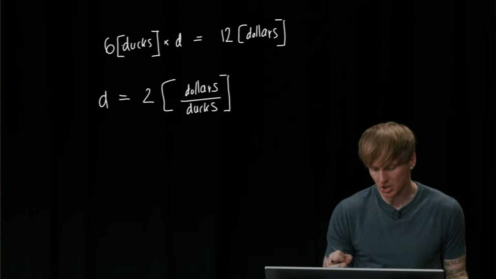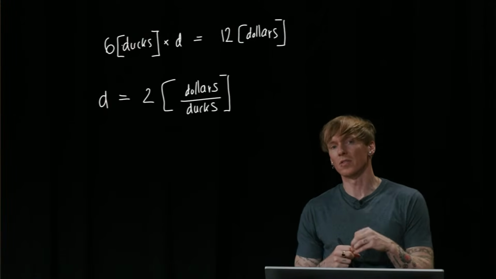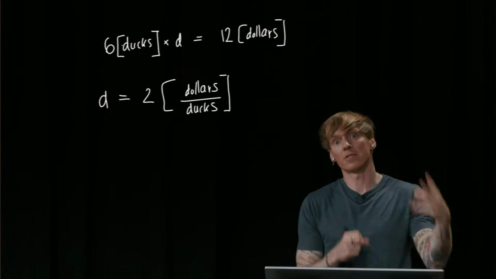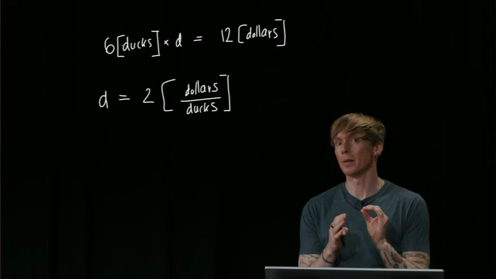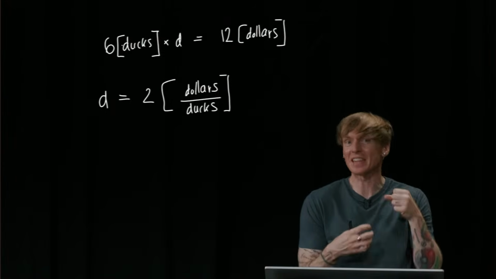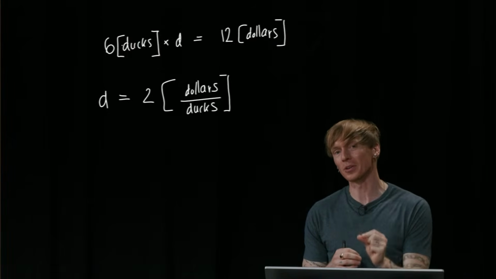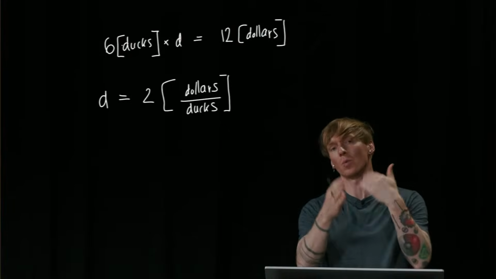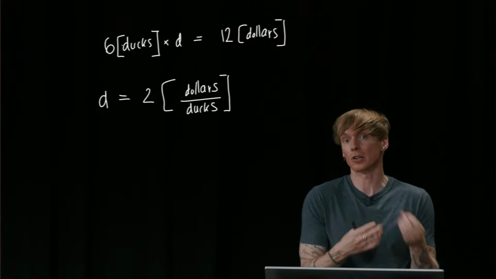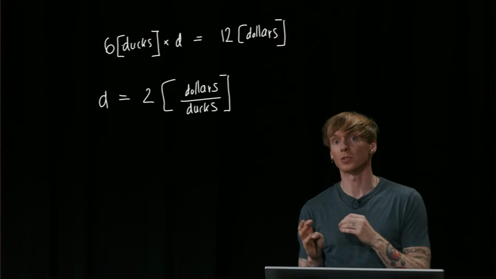So in that initial equation that I've written down to begin the problem, d was not the number of ducks. And it feels like it should be, but d importantly was not. d was representing the cost per duck, which is why we were allowed to get to that conclusion when we saw that d was equal to 2.